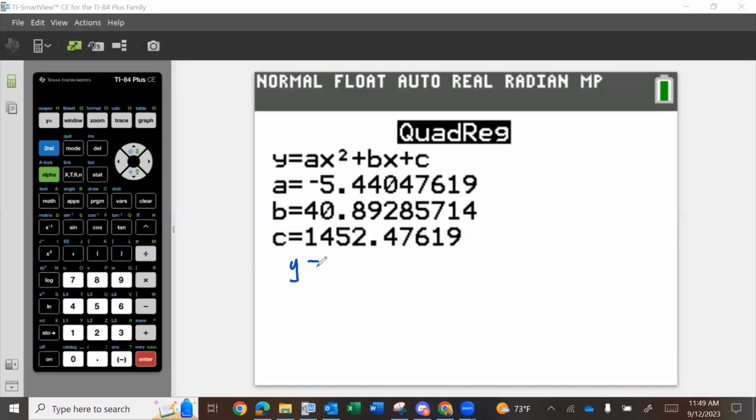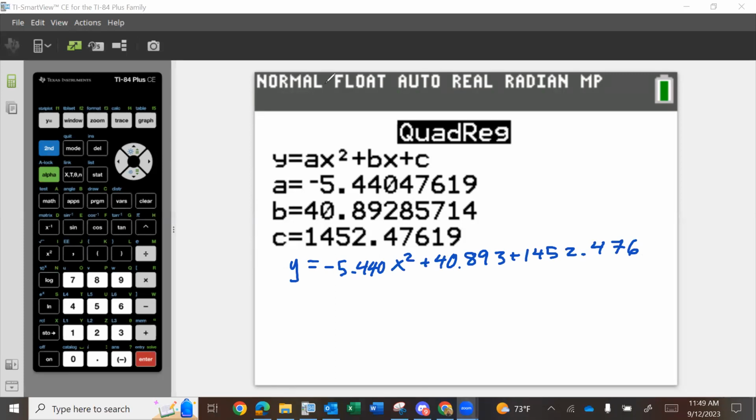So y equals negative 5.440 x squared plus 40.893 x plus 1452.476. There's my regression equation.